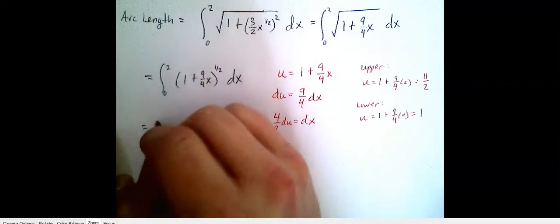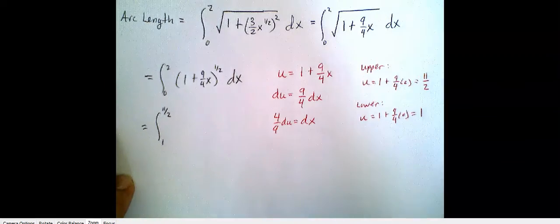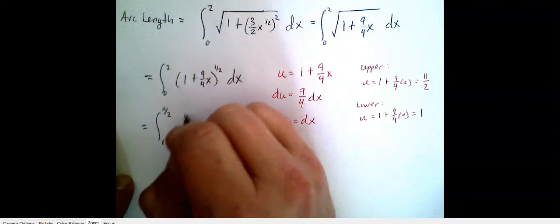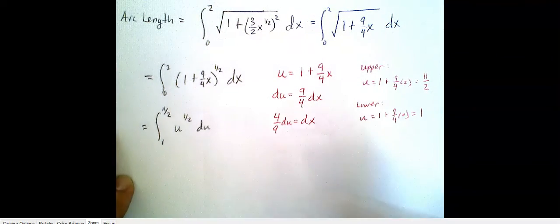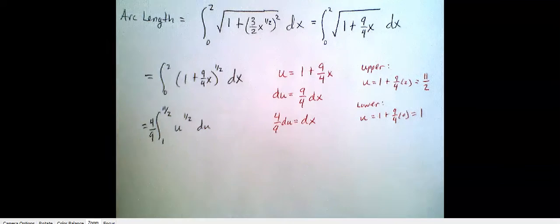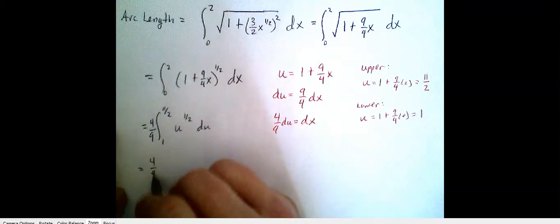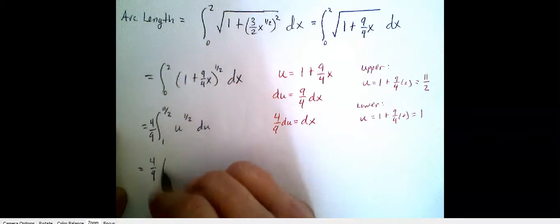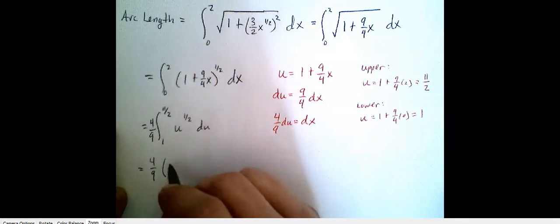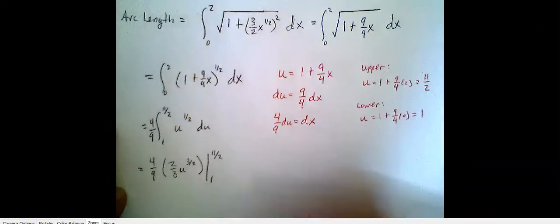So our substituted integral will become the integral from 1 to 11/2 of u to the 1/2 du, times 4/9. Let's pull that out. So let's see what we get. 4/9 times, increase and divide, so 2/3 u to the 3/2 from 1 to 11/2.